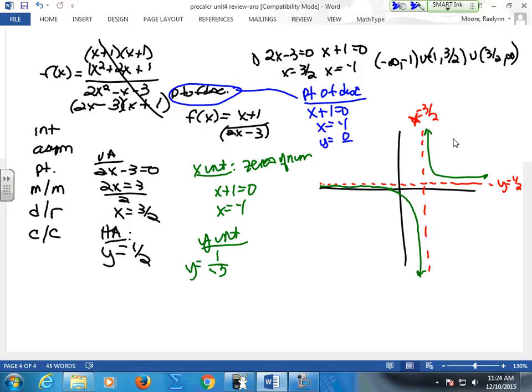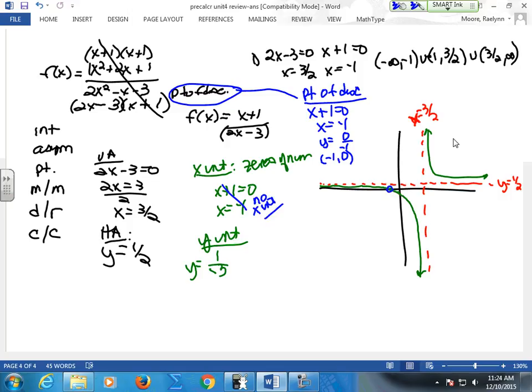Something I don't really care. So what's my point? -1, 0. That's my point of discontinuity. But uh-oh, that point I can't use. I said that was a 0. So do I really have a 0 for this? For the x, I have no 0. No zeros. No x-intercept.